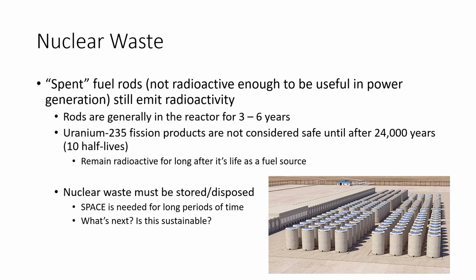And so what we do is we use these storage containers in cement and, I want to say, steel, and we just store them in rows. Not little rows, they're big. If you could imagine the amount of nuclear power that's generated and how often we need to change out the rods, it takes up a lot of space. And so we need to store them for long periods of time.